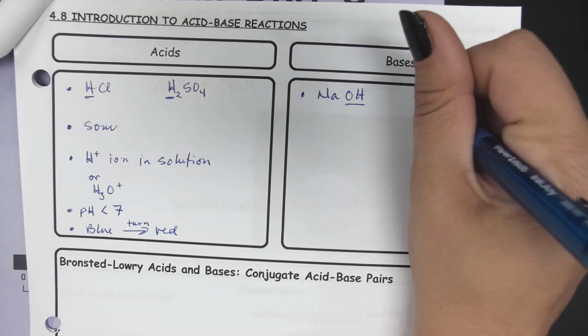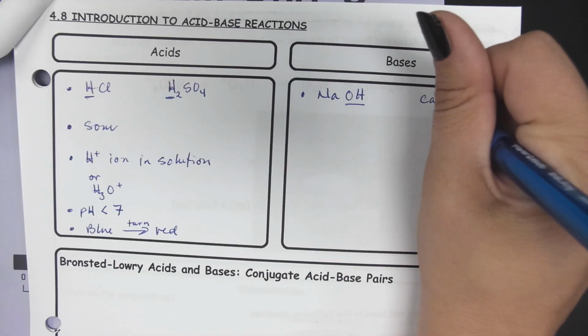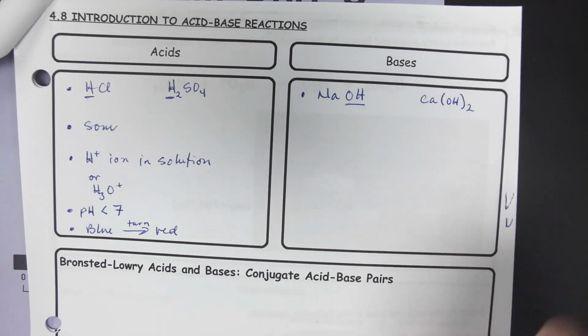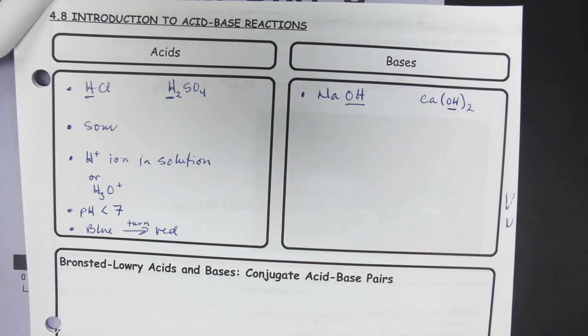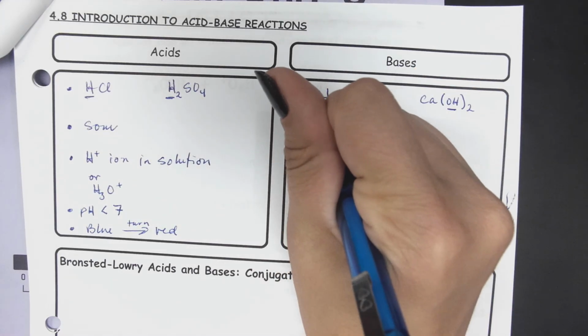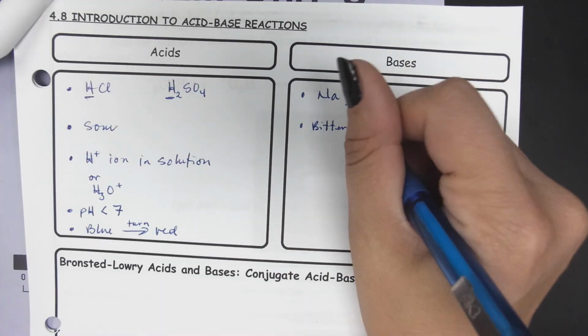Similarly, we could have calcium hydroxide, which would be Ca(OH)2. Again, we have hydroxide at the end, and so those are bases. They have a bitter taste. They can be kind of slippery, like soap.